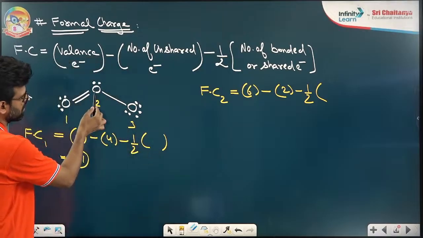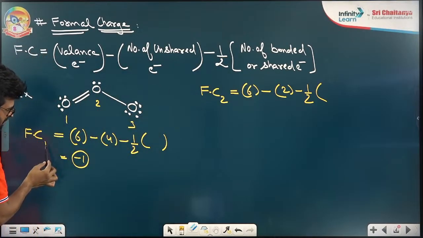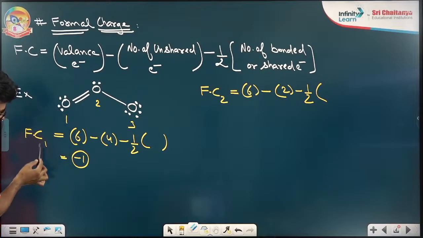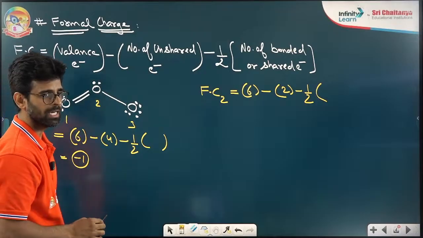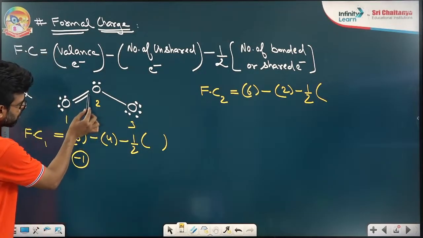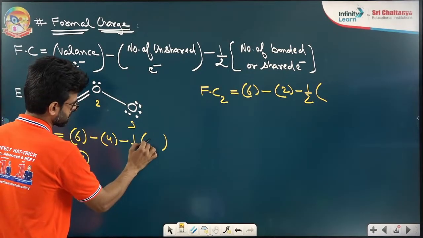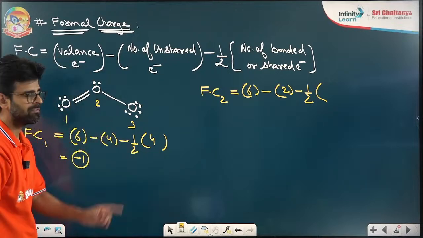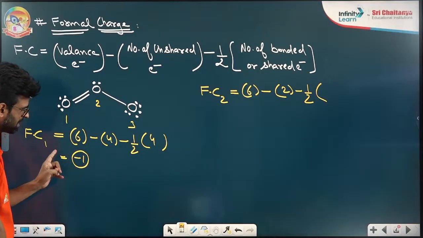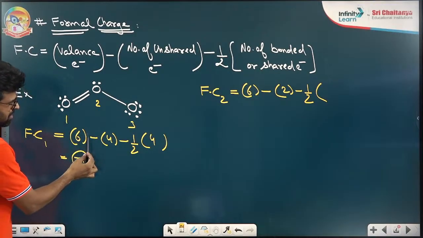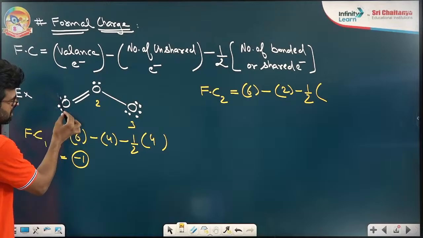Small mistake here. I took this one. I was finding for the first, right? I was finding the formal charge of the first one. The first one has how many bonds? 2 bonds, right? So here 2 bonds are there, so how many shared? 4. Okay, I found it actually for the second one, but here I am writing first one, so be careful. 6 valence electrons minus 4 unshared here.